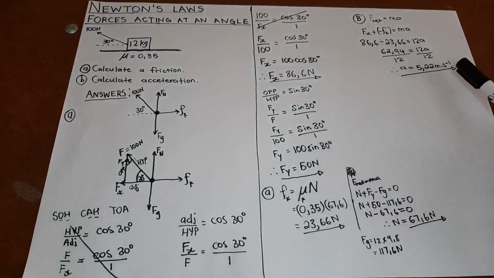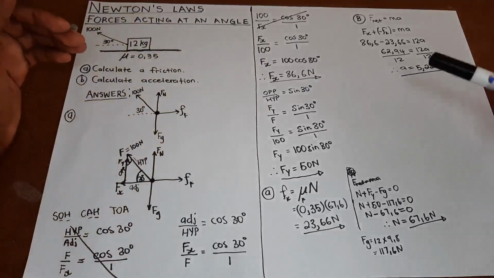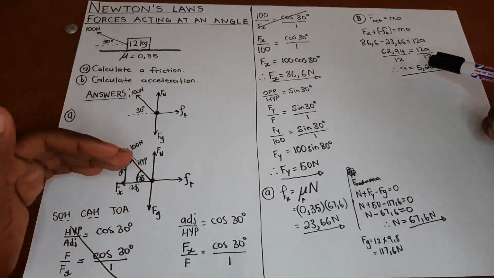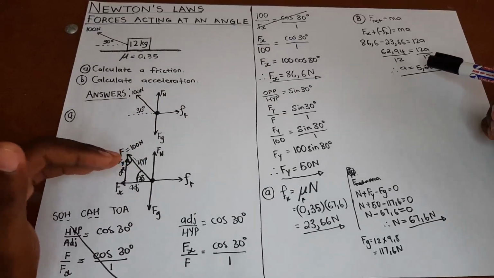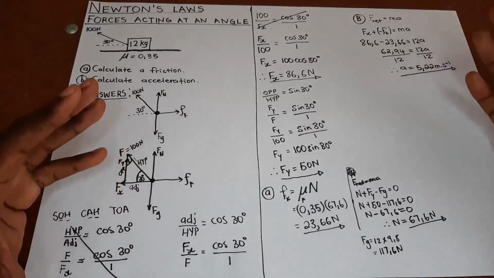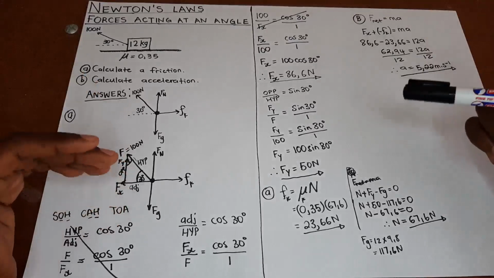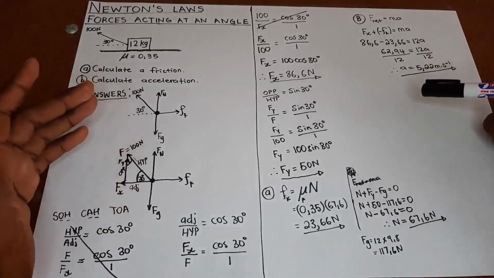So the very first thing that is very important for you is to find our x and y components, so that you can work diligently and freely. And I showed you how to find them in each and every case.